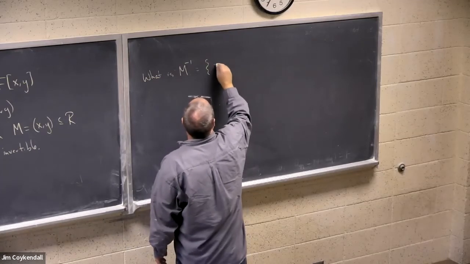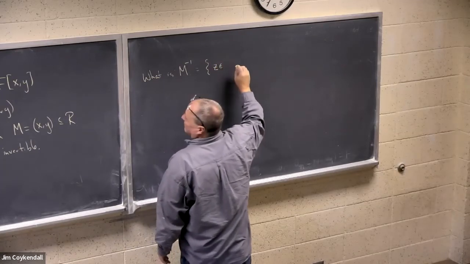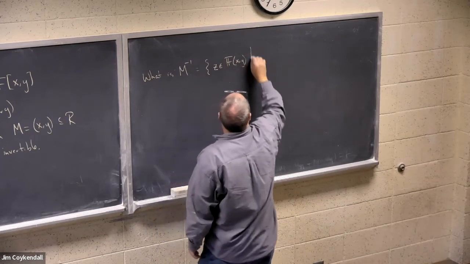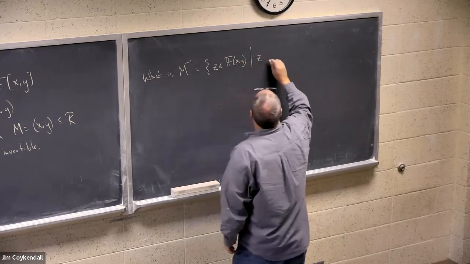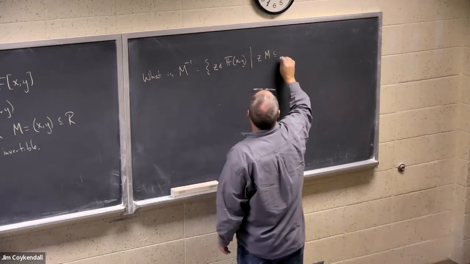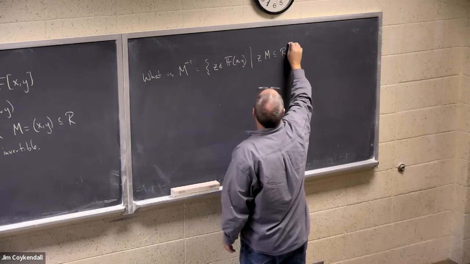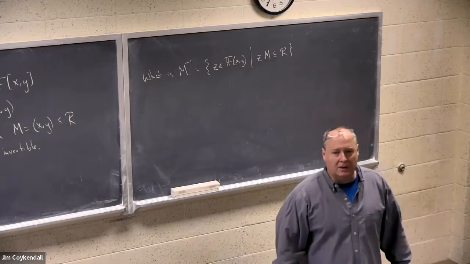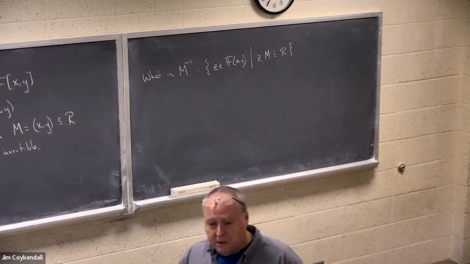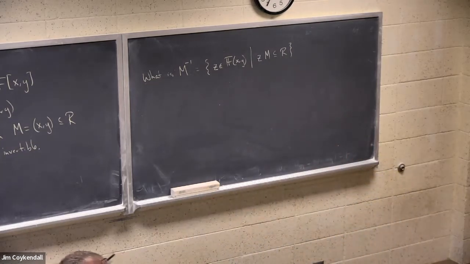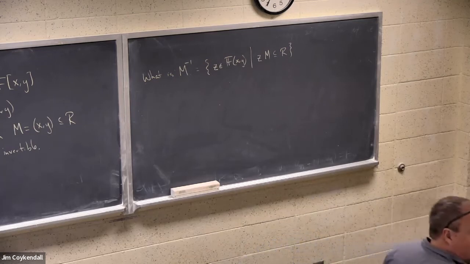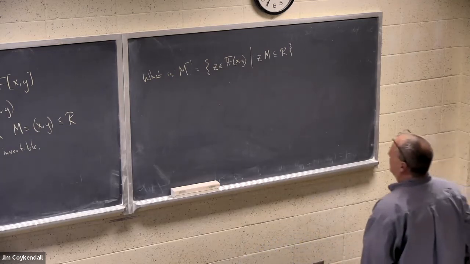This is the setup: let z be in the quotient field such that zM is contained in R. In particular, let me point out that M inverse must contain every single element of R. For sure, it's got that. Is there anything else? Well, let's see.